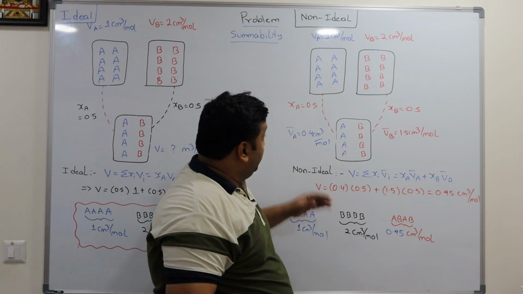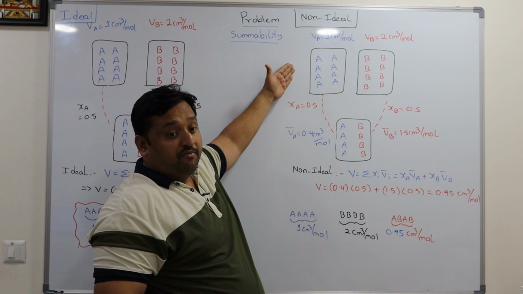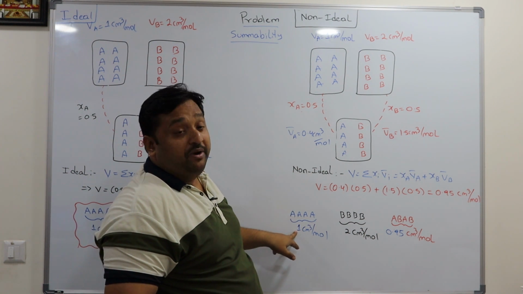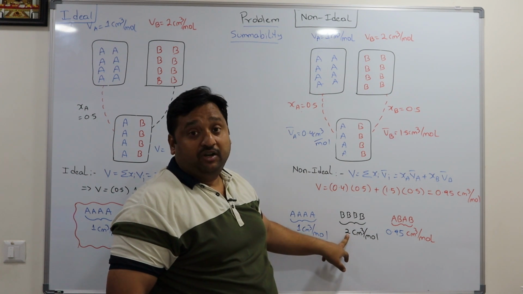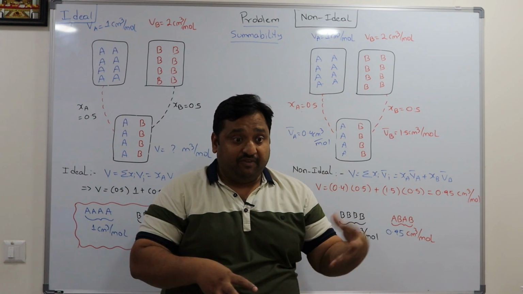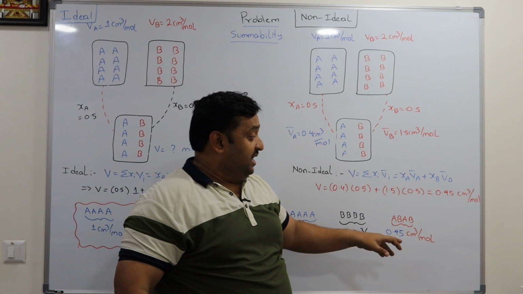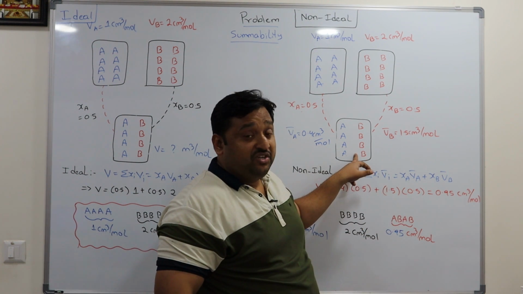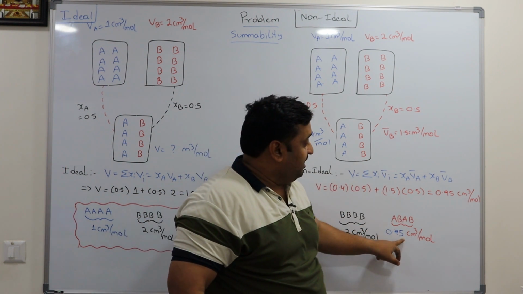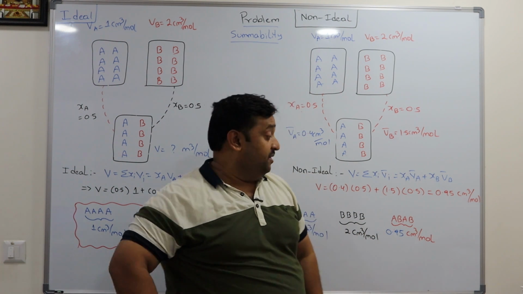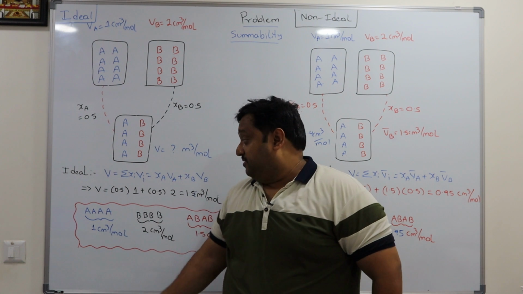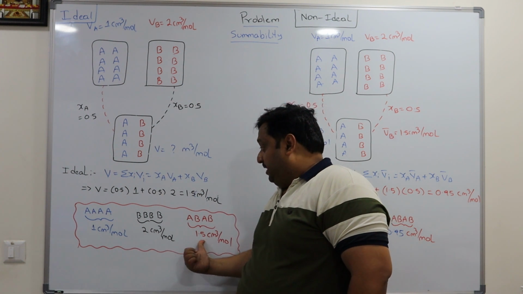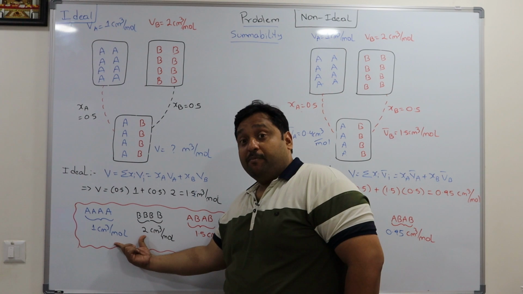That means if I take a pure molar volume of A, it is 1 centimeter cube per mole. If I take a pure molar volume of B, it is 2 centimeter cube per mole. But if I mix 50% of A and 50% of B, the resultant molar volume of the mixture or solution is 0.95 centimeter cube per mole, which is not in between 1 and 2. For the ideal case, the mixture property lies between the two pure properties.